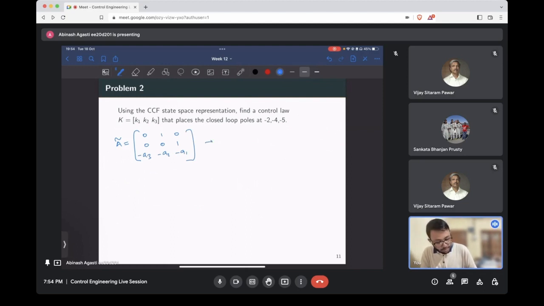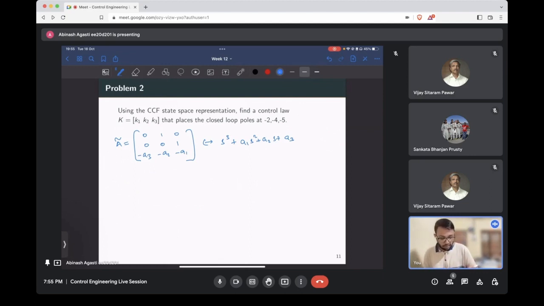So this basically means the determinant of sI minus A tilde is given by, this is a well-known fact. So we just want to compare this.